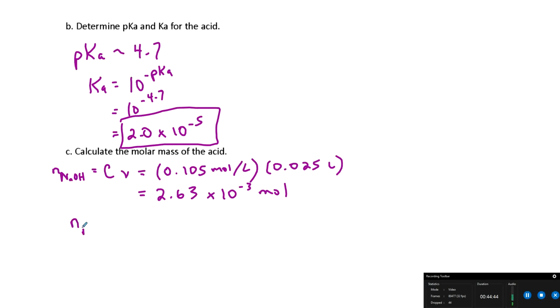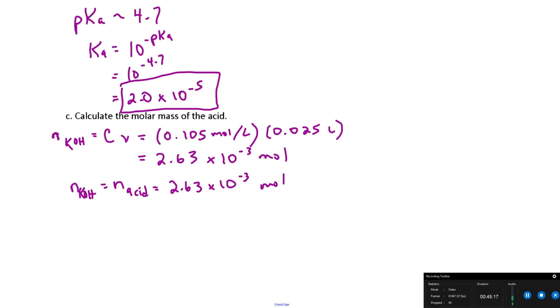So the number of moles of NaOH, or I should say KOH, depends whether you're looking at the graph or the question, doesn't really affect the results though, are equal to the number of moles of the acid, which is the 2.63 times 10 to the negative 3 moles.